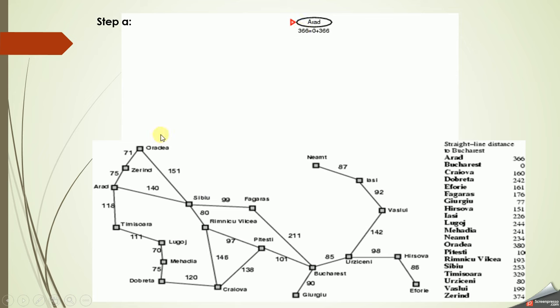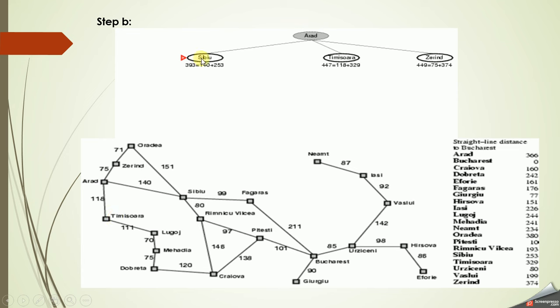Next we have to proceed from Arad. The cities connected are Zerind, Sibiu, and Timisoara. So we are going to expand these 3 nodes: Sibiu, Timisoara, and Zerind. The same way we are going to calculate f of n is equal to g of n plus h of n.